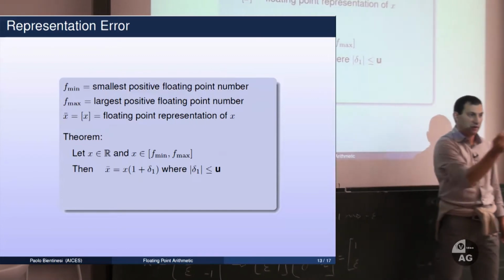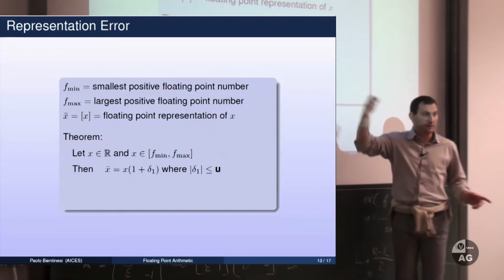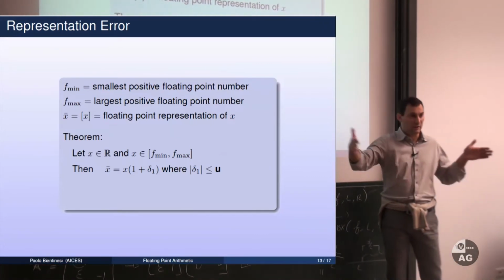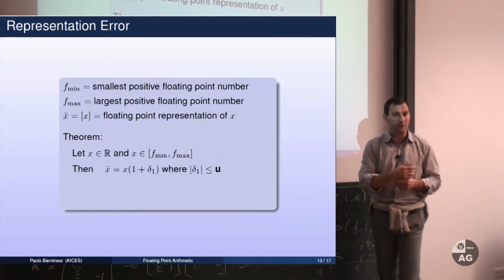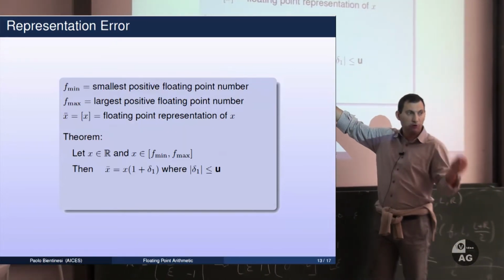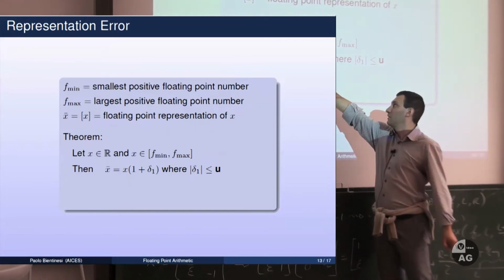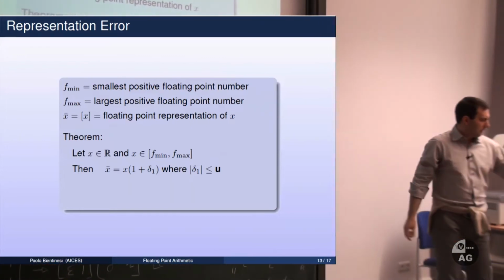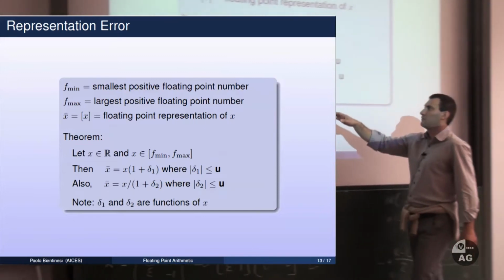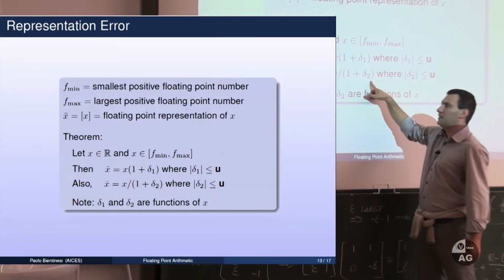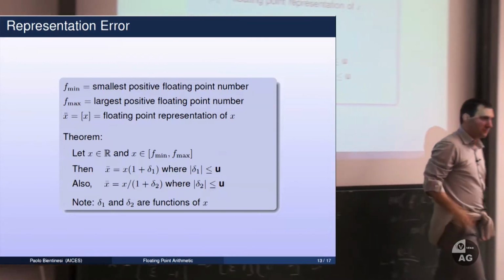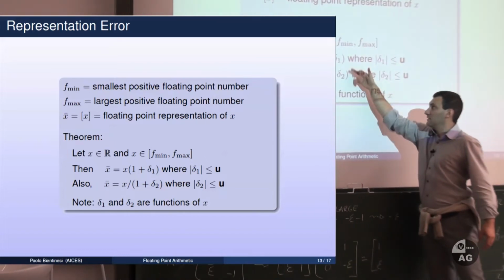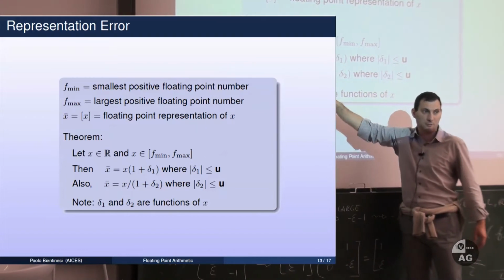This holds for numbers very close to 0, and for numbers very, very large. As long as you are within the boundaries of floating point arithmetic, there is a floating point number at a distance of 1 plus delta away from the exact number. There is also another result: instead of multiplying, you divide by a factor of 1 plus delta. You can disregard that. What is important is that these deltas depend on the exact number.